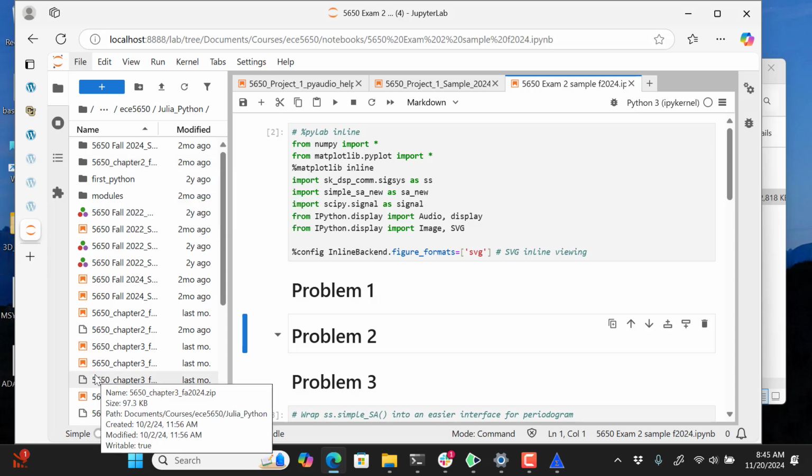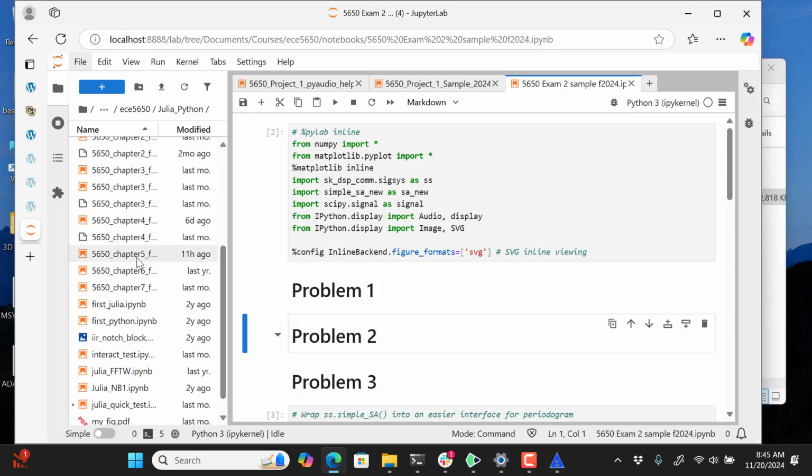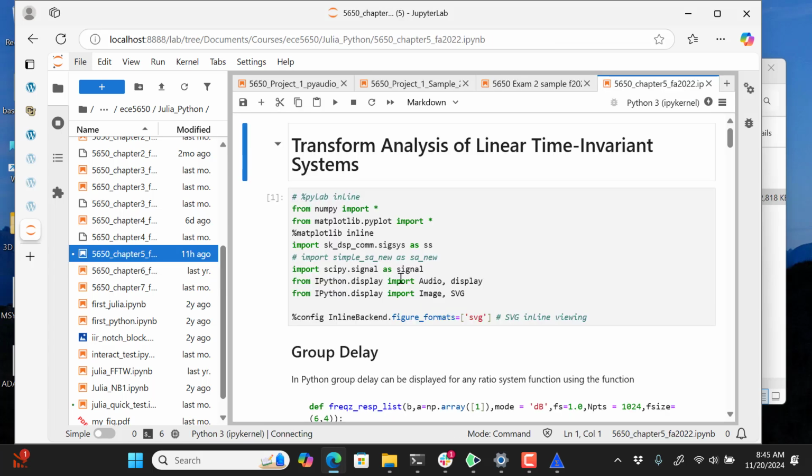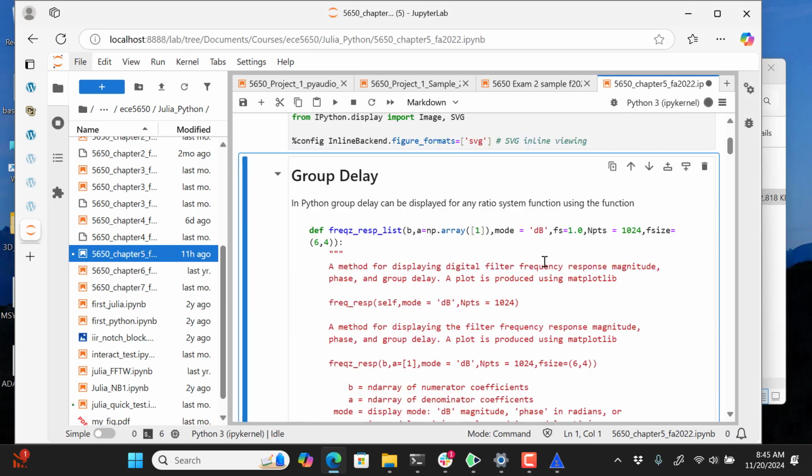Okay, this is what I had from 2 years ago, and this is where I upgraded chapter 5. See, I lost contact with it because it says I last updated it 11 hours ago. That would have been last night before I went to bed. So let's see if this comes back at least.